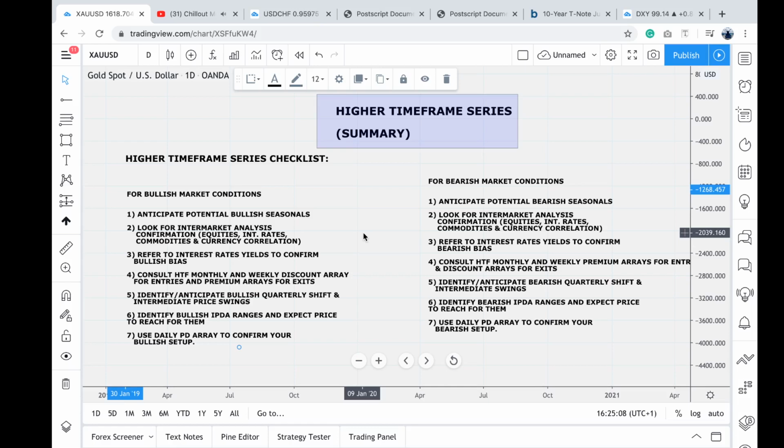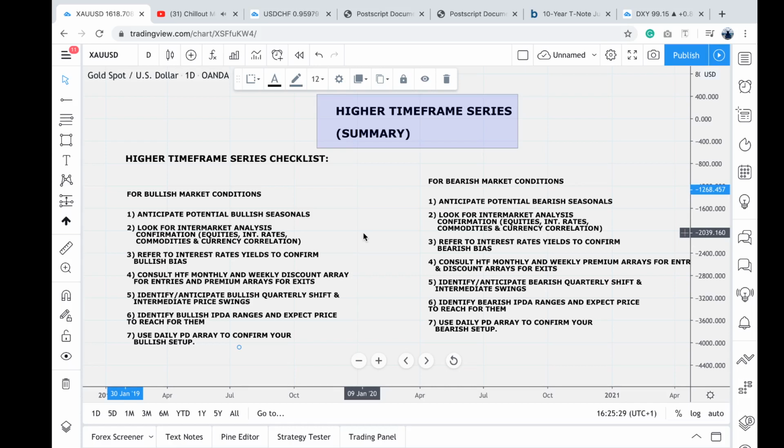What pairs or other asset classes are correlated with the pair you're trying to trade? This is a question you have to ask yourself, and it gives you a broad overview of market direction or institutional order flow in the marketplace.